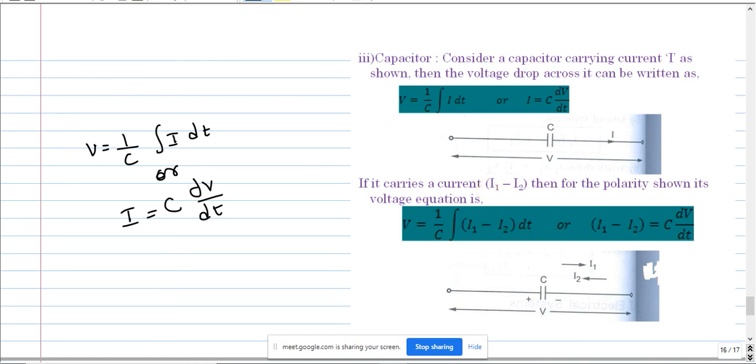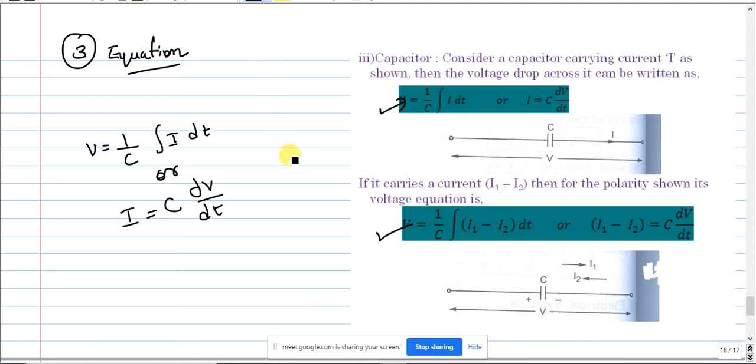So the polarity of the voltage equation will be given in this second equation. You need to remember the three equations for the voltage drop for resistor, capacitor and inductor. We will use these equations to solve the problem.